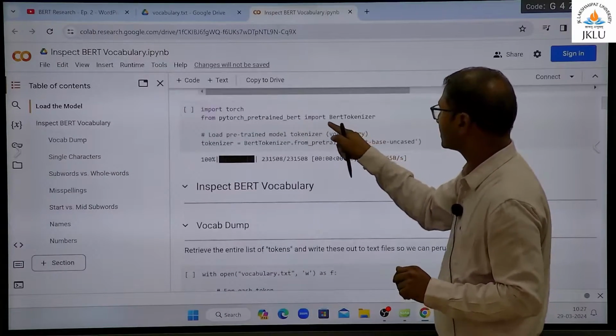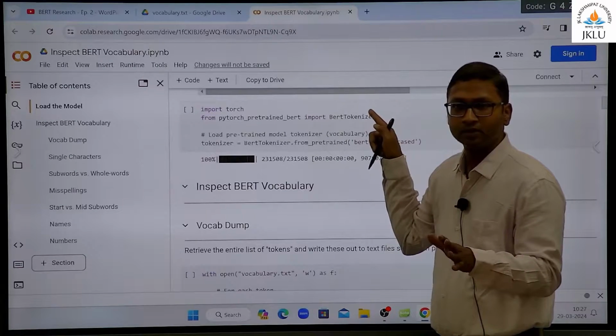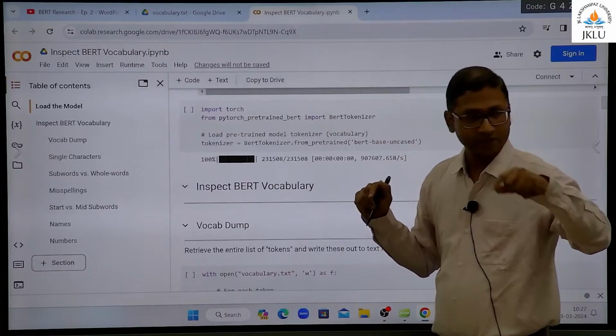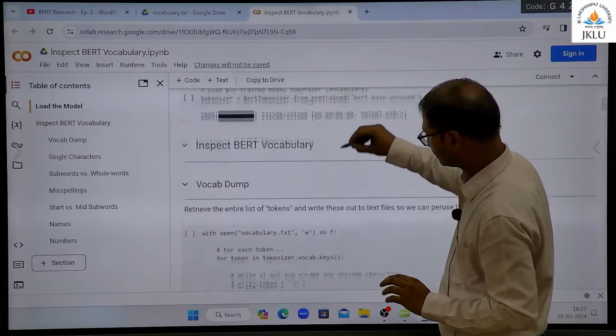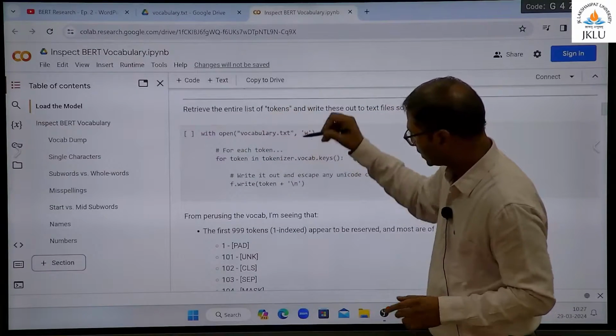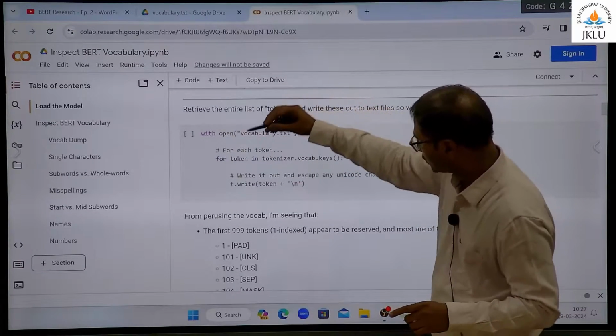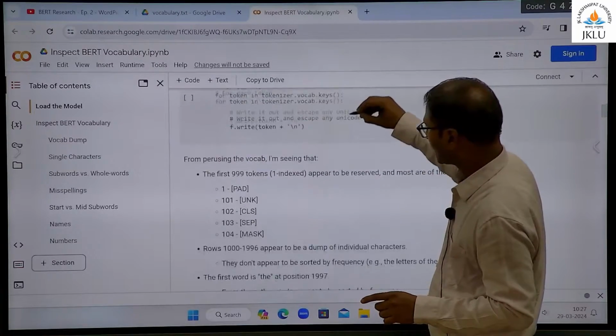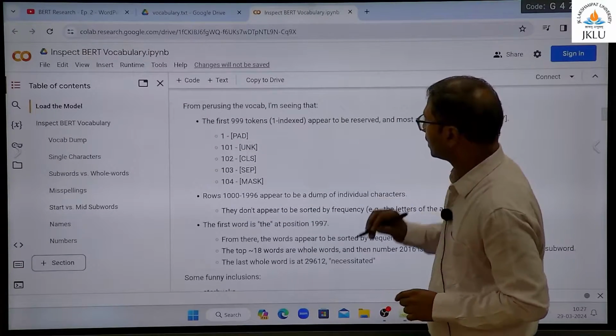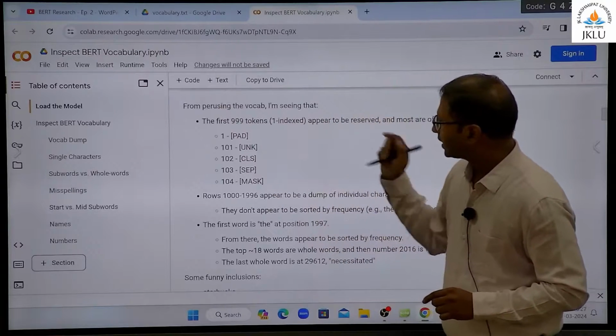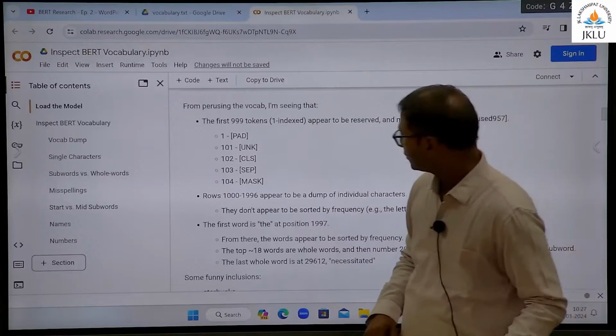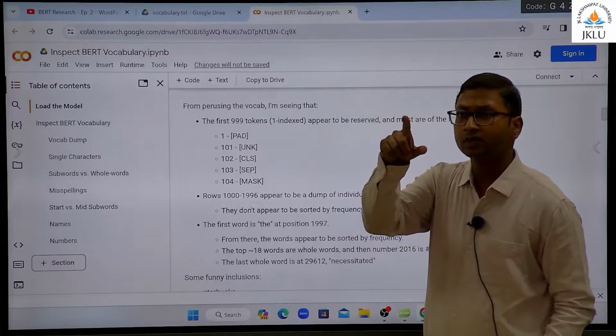When somebody says import BERT Tokenizer, now you know exactly what you are importing and what it will do. So he is generating this vocabulary.txt through this Colab file. Now, from perusing the vocabulary, should I increase the font size at the back? Fine.